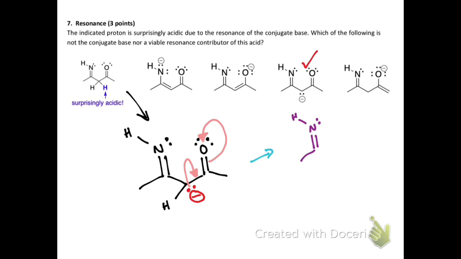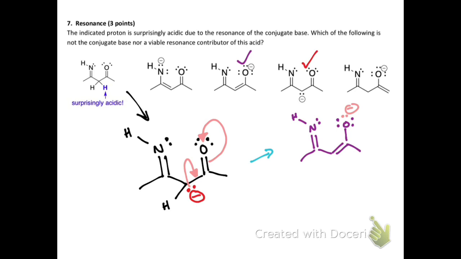Nothing happened over here. But what we did do is create a double bond, and I'm not drawing in the hydrogen. Well, I'll draw it in really quickly. It's right there, but we don't need it because it's a skeletal structure. We have our oxygen, and our lone pair of electrons jumped up here to move that formal charge. Okay. So this is resonance contributor number 1, which means this one is also good.